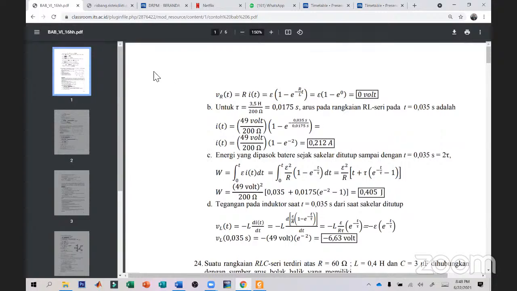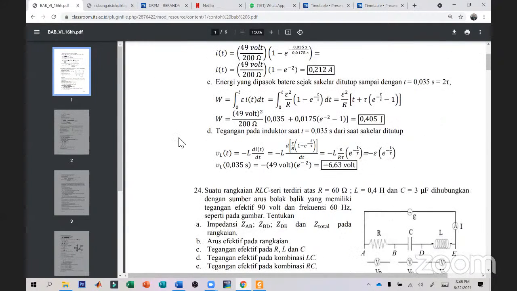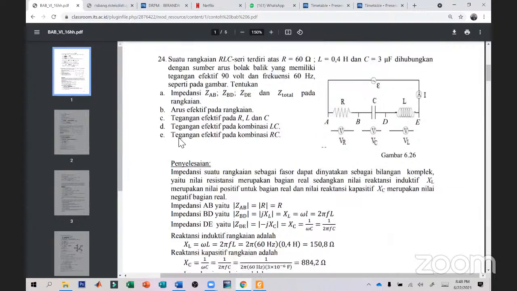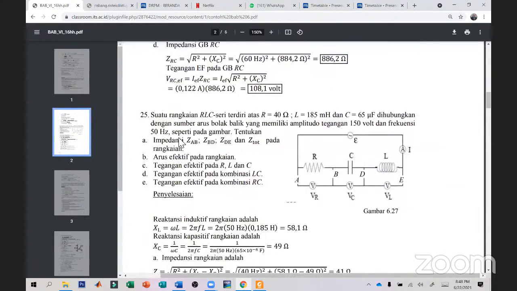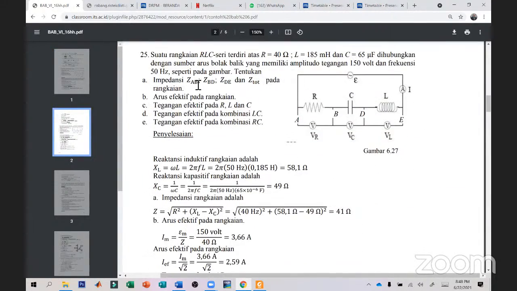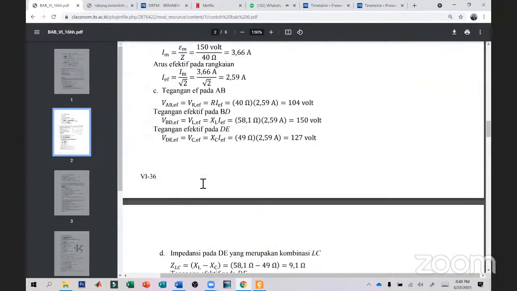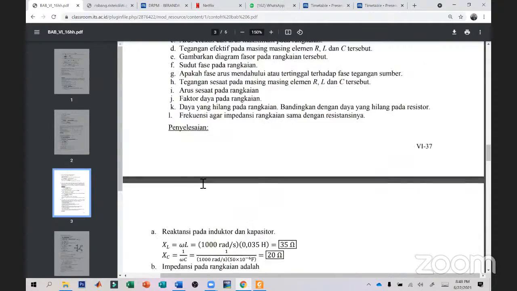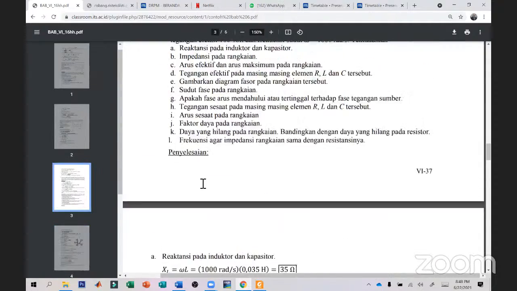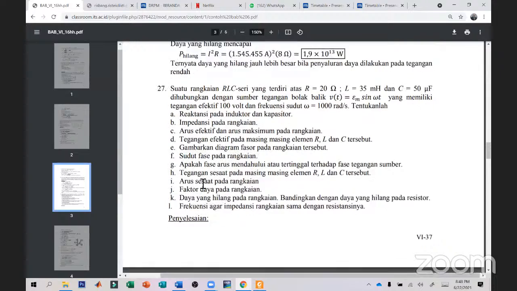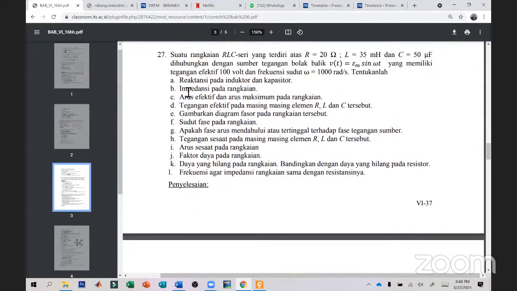This is the example of chapter 6 problems. For example, this one, I think it's very clear. Maybe we can. I will move in this expression in this problem.